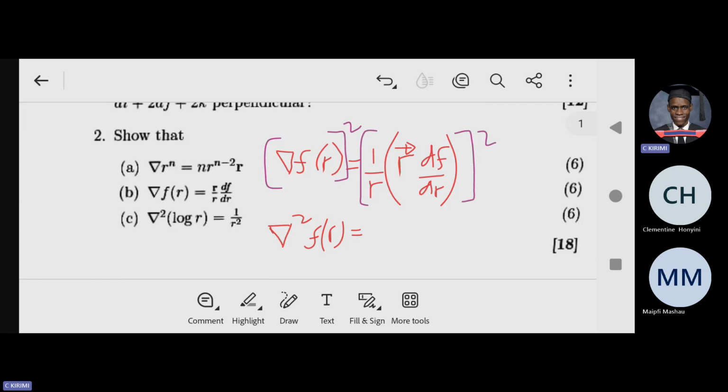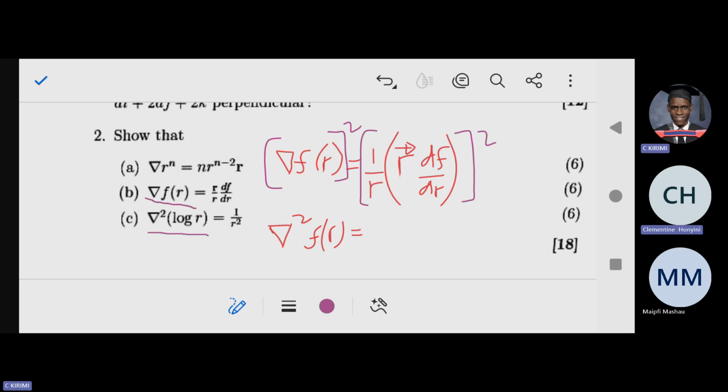Yes, that is why I'm squaring, because I want to come to this concept, but for now I'm only in f(r). I want you to see the relationship between B and C. If it was grad of f(r) squared, it will be the partial derivative squared, which will be that one which I've written down.